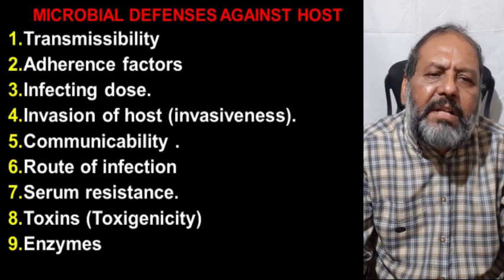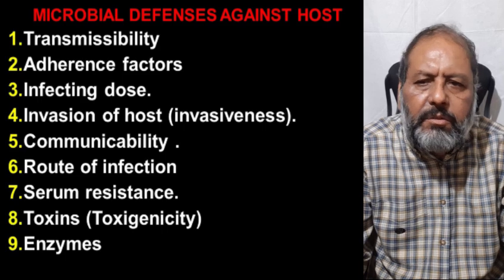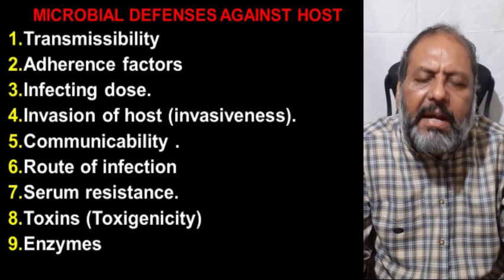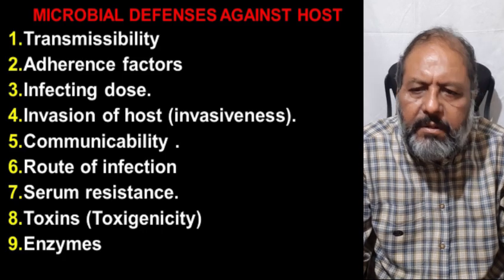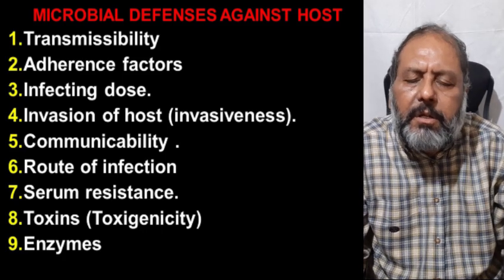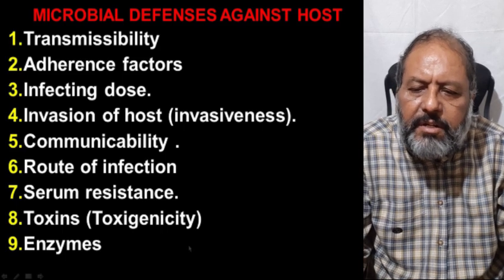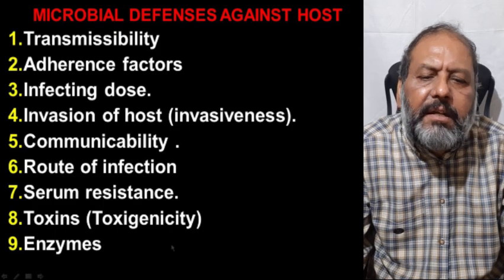Now, microbial defenses against the host. The weapons of the bacteria against the host are transmissibility, adherence factors, infecting dose, invasion of the host, invasiveness, communicability, route of infection, serum resistance, toxins or toxigenicity, and enzymes.